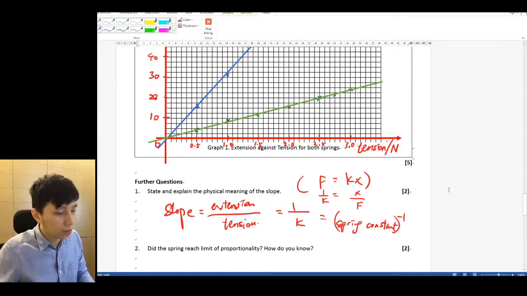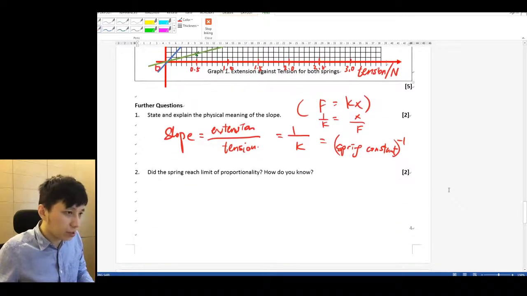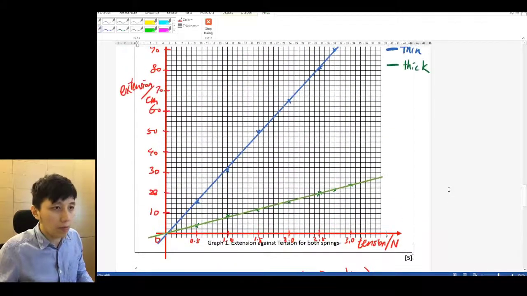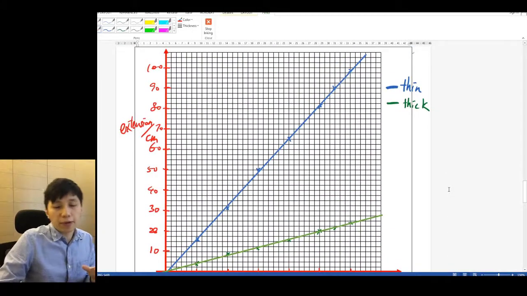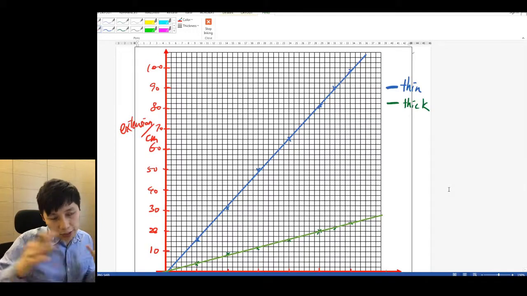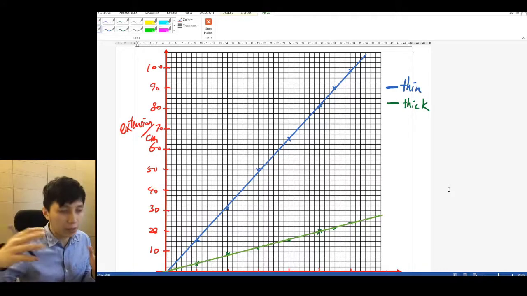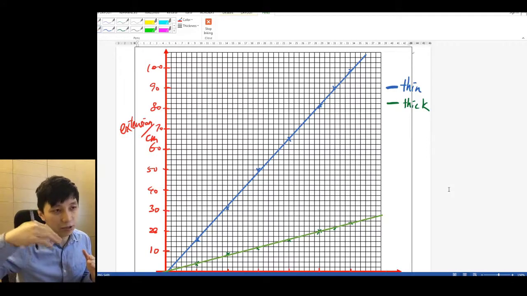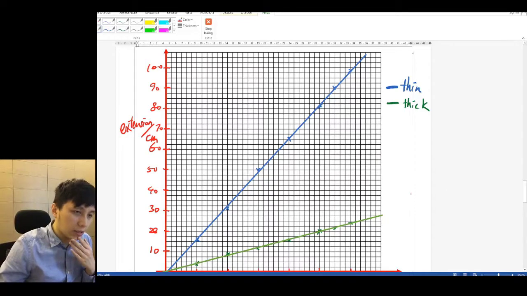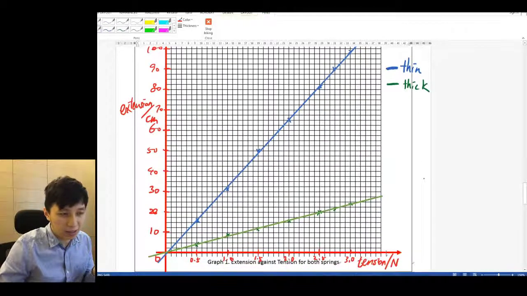Question number 2, did the spring reach the limit of proportionality? How do you know? If you recall what you learned about Hooke's law, then you should know that when the spring is reaching the limit of proportionality, this graph will start to curve and bend. It will no longer be a straight line. In this case, we haven't seen it yet.